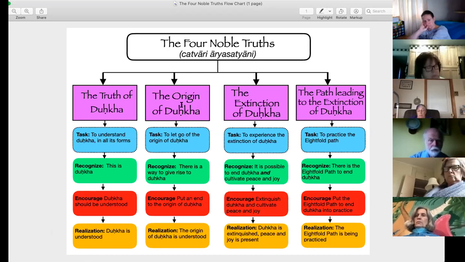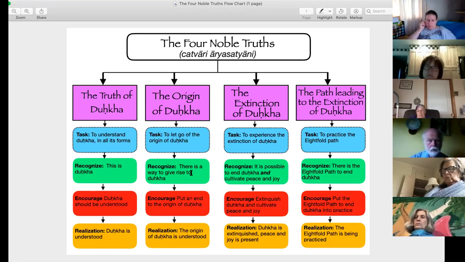Then the second noble truth is, once we understand what dukkha is, then we can explore where dukkha comes from. And so the task here is to let go of the origin of dukkha, or to let go of the thing that makes dukkha arise. So the next turning would be to recognize that there is a way that we give rise to dukkha.